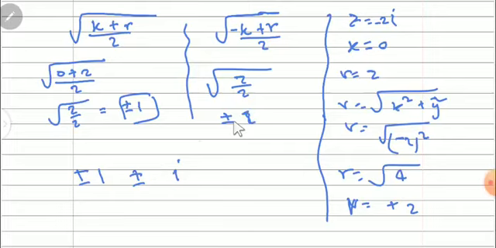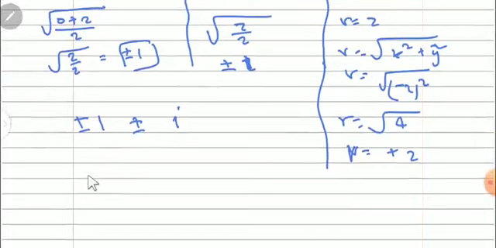Don't forget it. But here in the result, 1, so i. So the result of this must be the imaginary part. The result of this must be the real part, okay? Do we have anything else? Yeah.